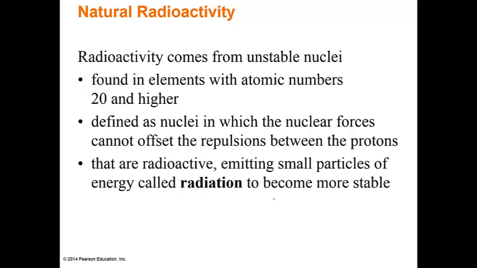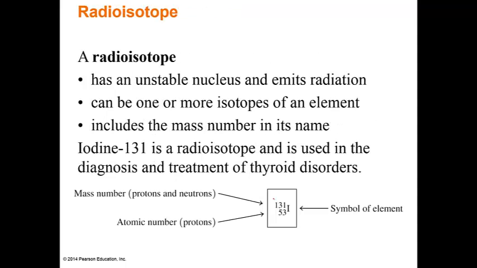Elements that are naturally unstable don't like being that way. They want to be part of the cool kids, so they shed off different materials in the form of radiation, and this is what makes them stable.